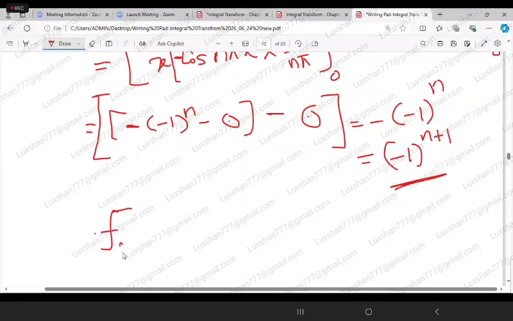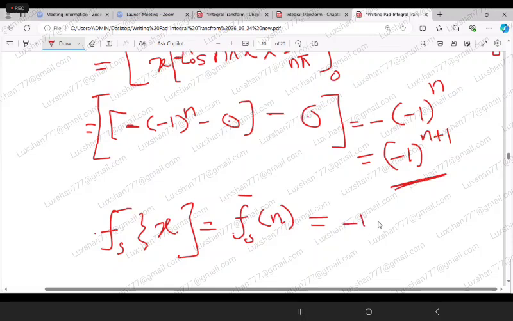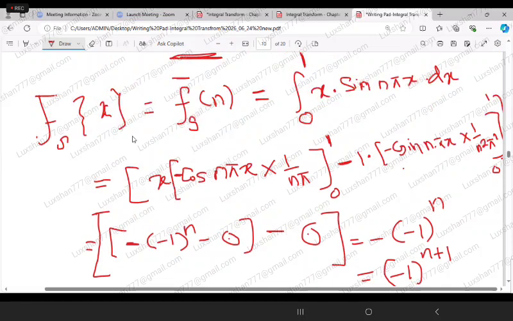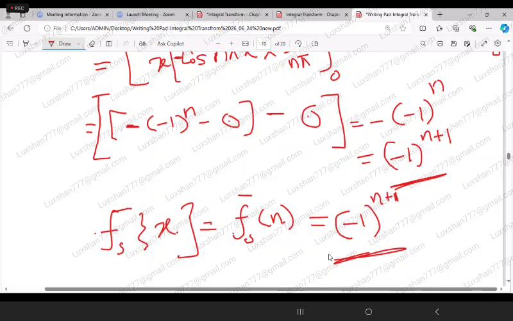So therefore, my finite Fourier sine transform of x is equal to f bar S n is equal to minus 1 to the power n plus 1, over n pi. Do you understand this one? Please check these calculations. I just took this example, I didn't check this one.